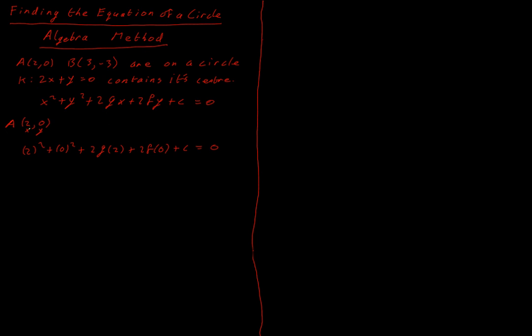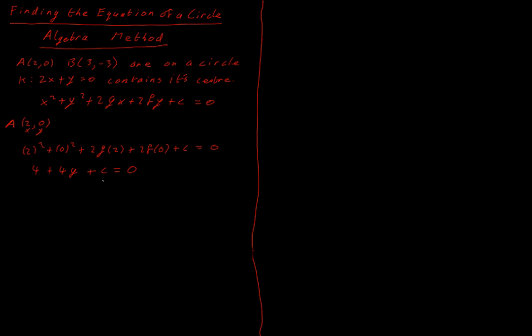Now you can see if we had a point on our circle that was at 0, 0, we'd immediately get that the value of c would be 0. So that's one of the reasons why if we have a point on the circle that's 0, 0, this can be a faster method, because we can immediately get c. Now, working this out, I end up with 4 plus 4g plus c is equal to 0.